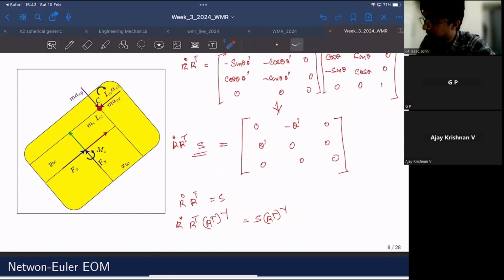So this term would be an identity matrix, and you can cancel this out.